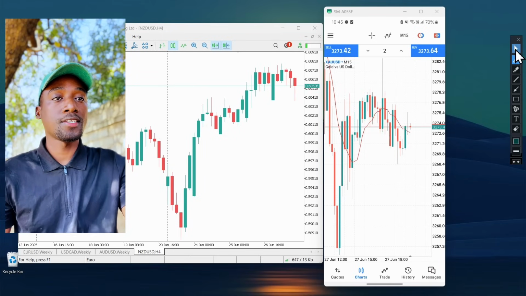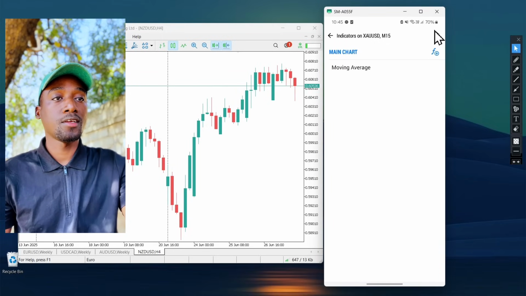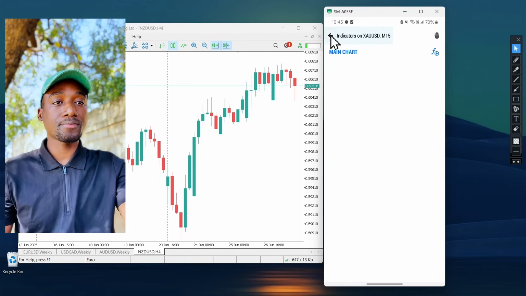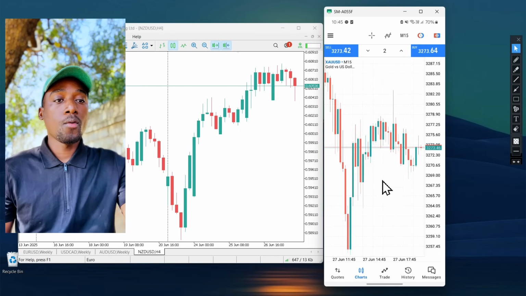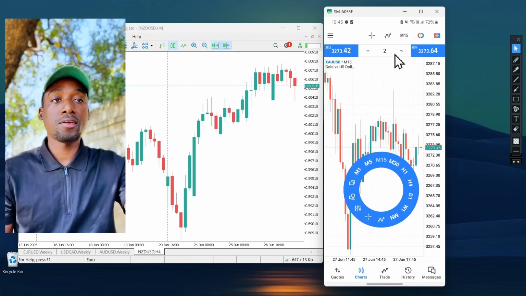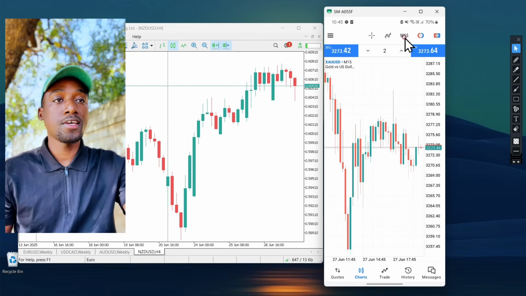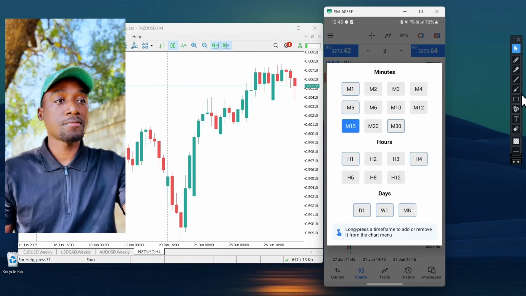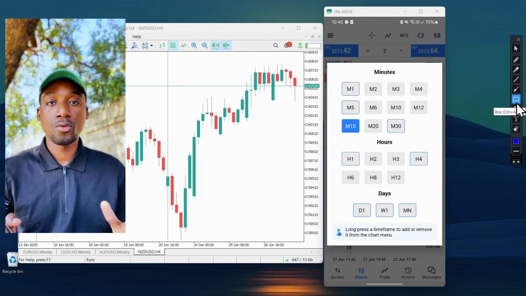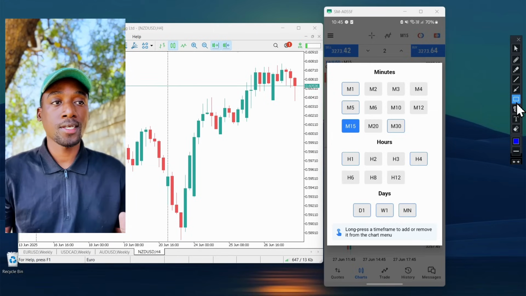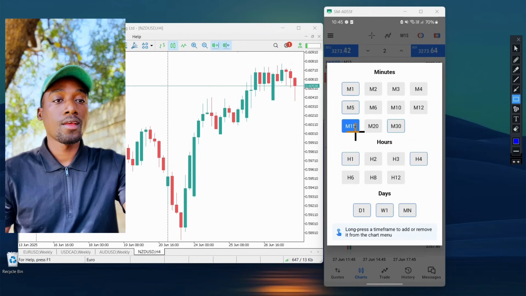Let's remove this indicator because we don't need it at the moment. I want to explain something so that you understand much better. When we tap once, we see the time frame. If you're using an iPhone, you'll tap here and you'll see the time frames. Let me explain quickly before you forget what I've said from the beginning.